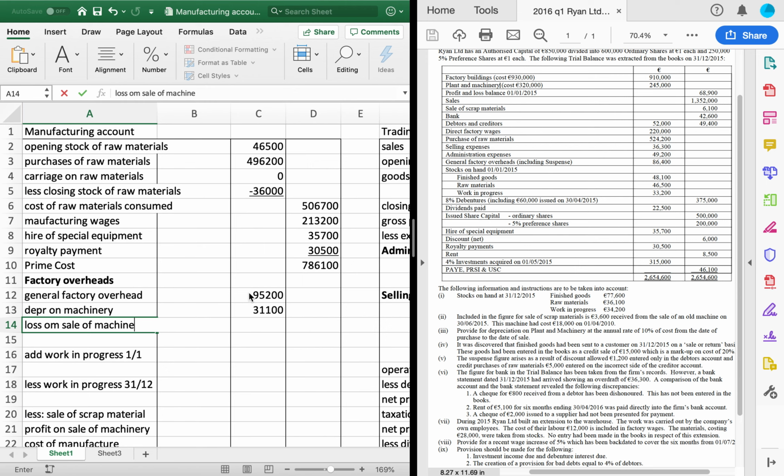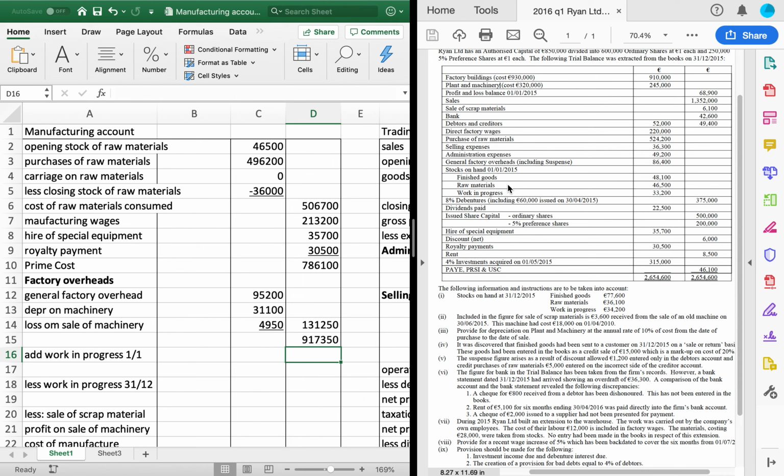If it's a profit, it will go in down at the bottom, as we'll see later. So the loss on the sale of the machine was 4,950. There was no other general factory overheads. If there was depreciation of factory buildings, they would go in there, and if there were patents written off, they would also go in there. So we add those on and we get 917,250.